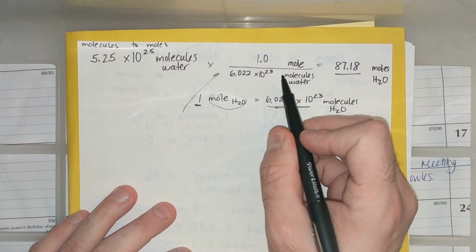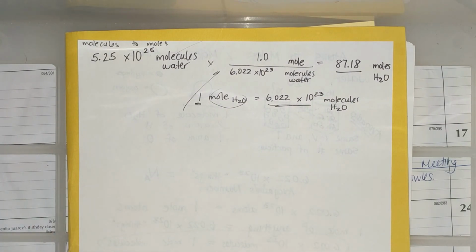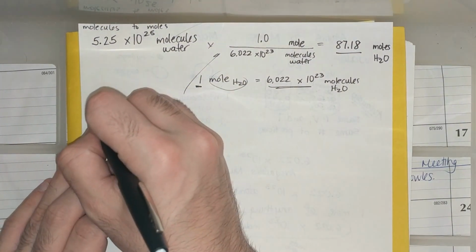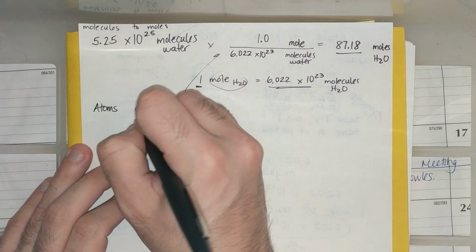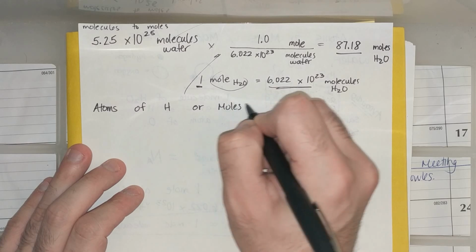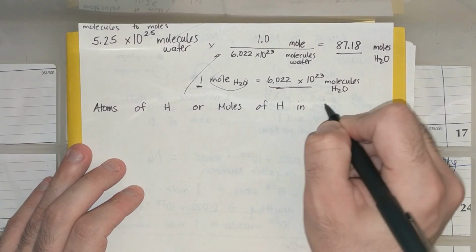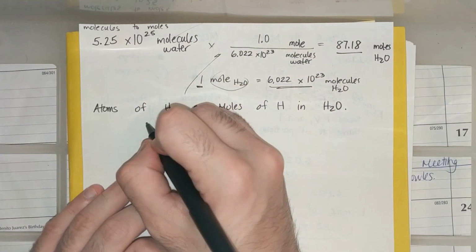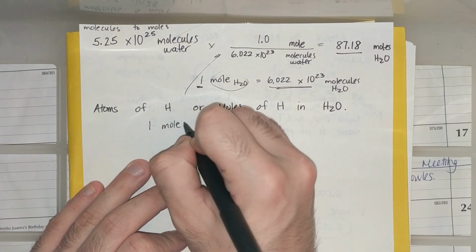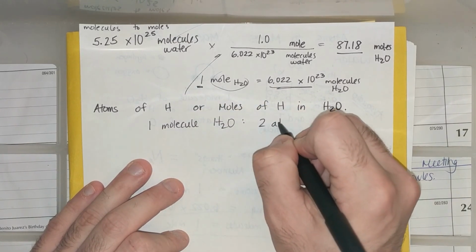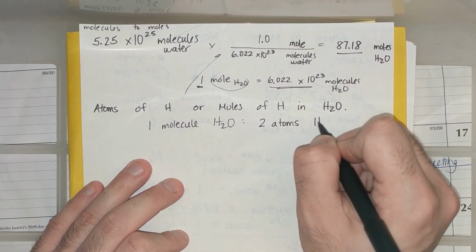Now, the last thing I'll end with here: what if I wanted atoms of hydrogen or moles of hydrogen in H2O? We have to be careful here, because if I have one molecule of H2O, I have 2 atoms of H, right?